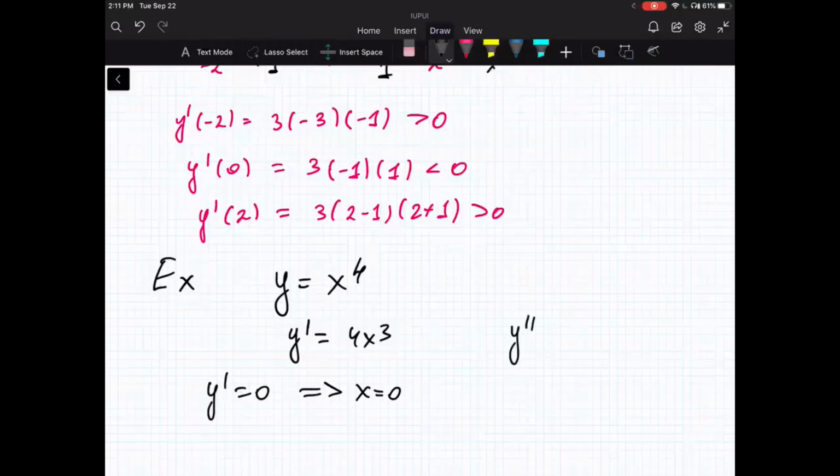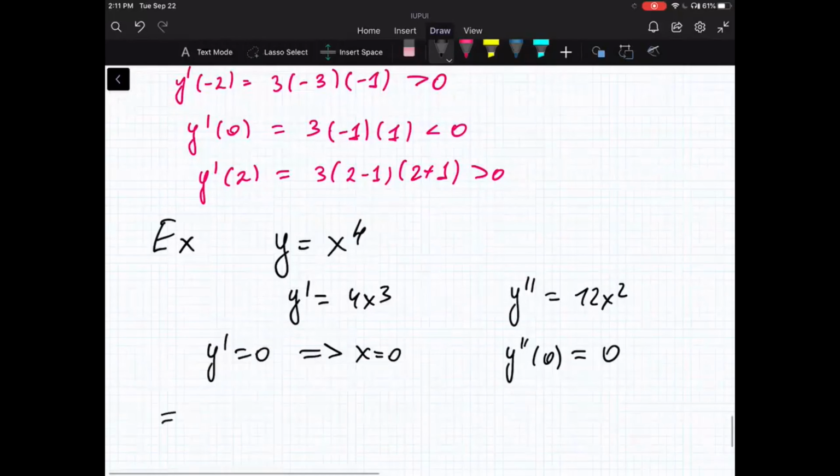The second derivative is 12x squared, and at point 0 it is still 0. So in this case the second derivative test doesn't give you information. It works, but says that you should check it in a different way.